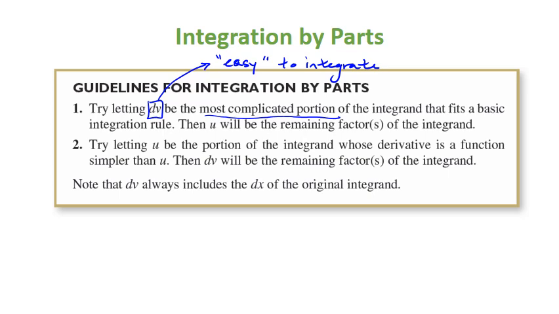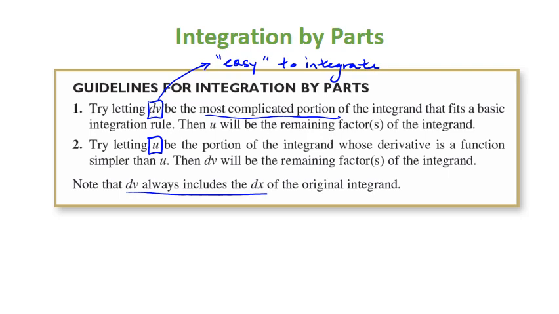You also want u to be the part of the integrand that has a derivative that is something a little simpler than itself. The last thing to note is that dv always includes dx.